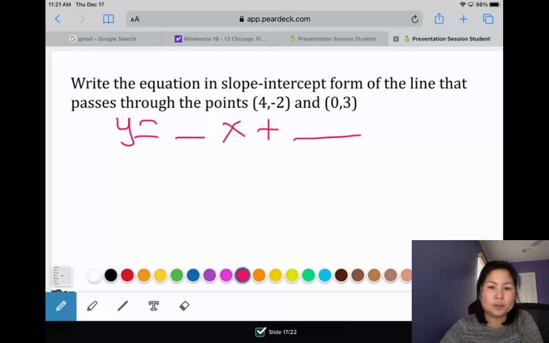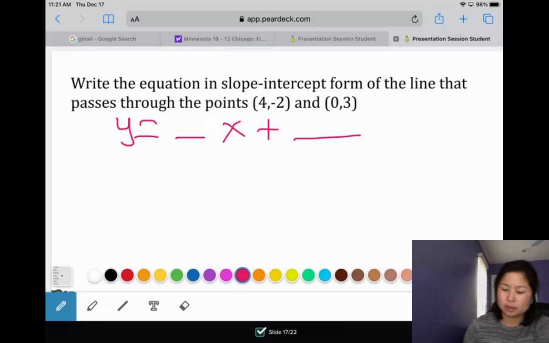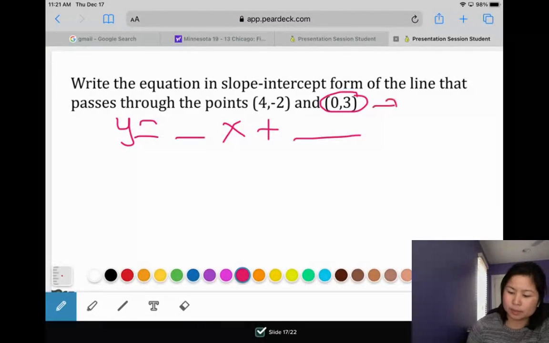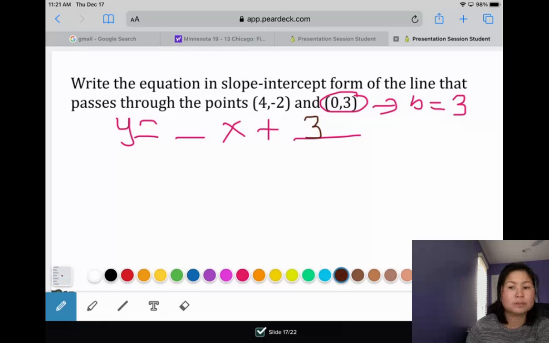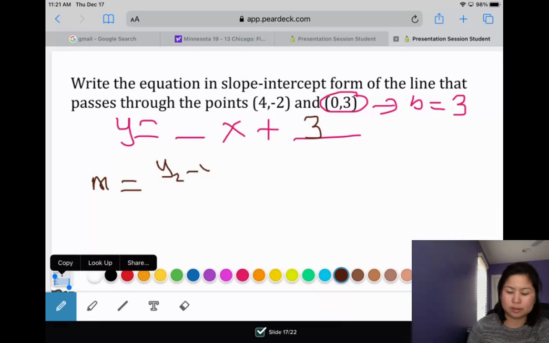All right. It seems to me the one who showed work on PADX, okay, check it. We know this one is the y-intercept, right? So the y-intercept is 3. Perfect. So I'm going to fill this in, 3. The only thing I'm missing is the slope, which we know how to find.